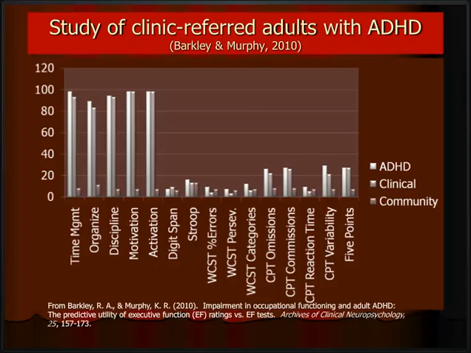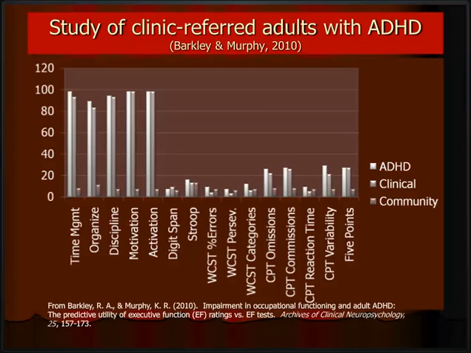If the rating scales are used, nearly all adults with ADHD are impaired in 1 or more dimensions on the executive function rating scale, as are many of the adults in the clinical control group. And that's because other disorders can interfere with executive functioning, not just ADHD. And then you see down here that very few individuals in the community control group fell in the impaired range. But look over here.